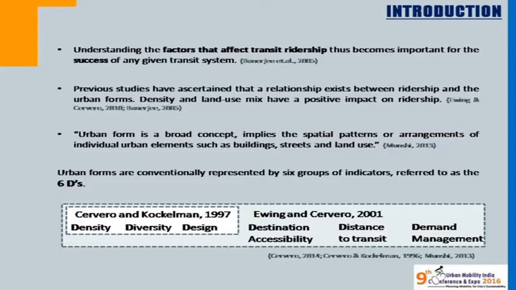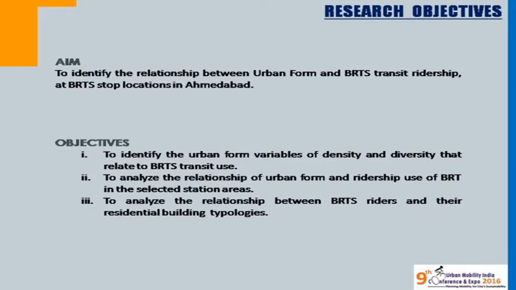Because of time constraints, we'll be only looking at the variables of density and diversity in this project. So the aim of this study was to see whether a relationship between the urban forms and the BRTS transit ridership exists in Ahmedabad.